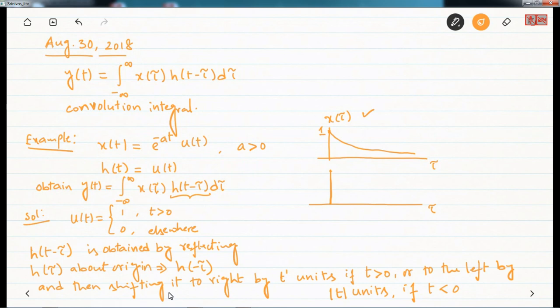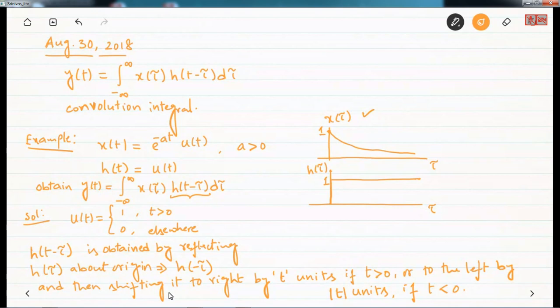H of tau is this one, because h of tau is a unit step function. Unit step function is 1 only when the independent variable is greater than 0, and it is 0 for negative values of the independent variable. Here the independent variable is tau.